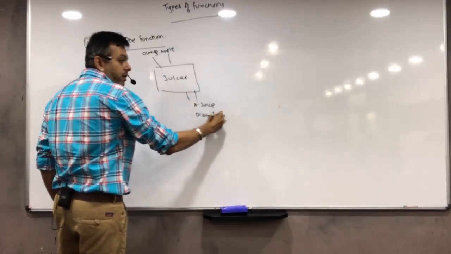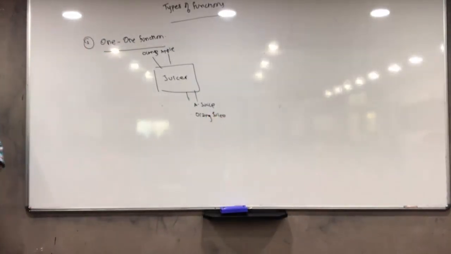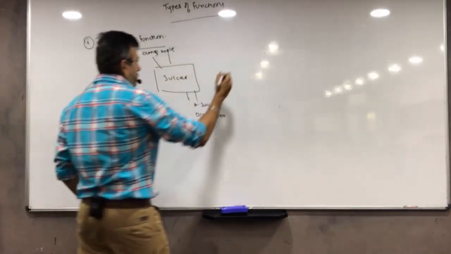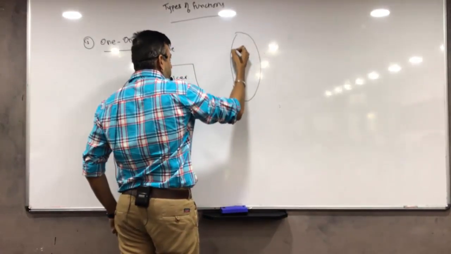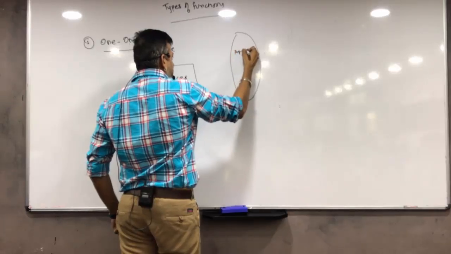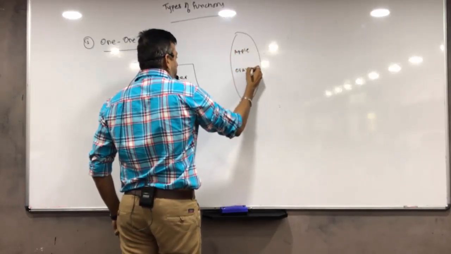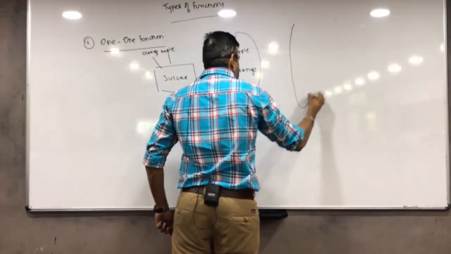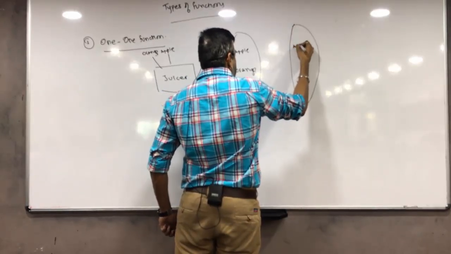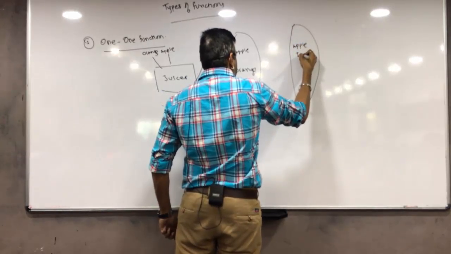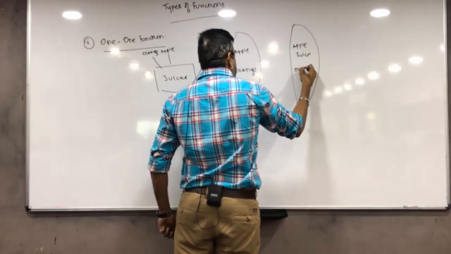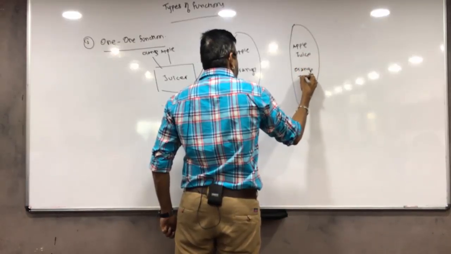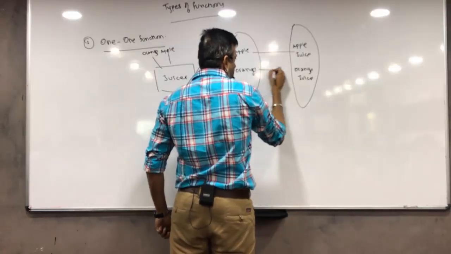So for every single input, we have an output. For example, we write like this: apple, orange, apple juice and orange juice. They are connected.